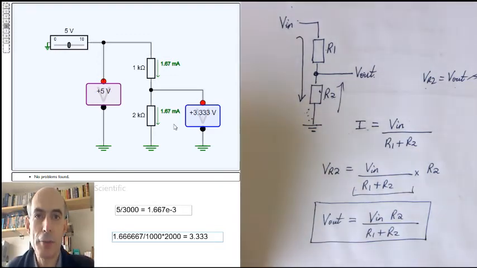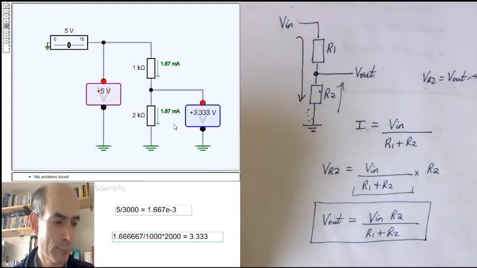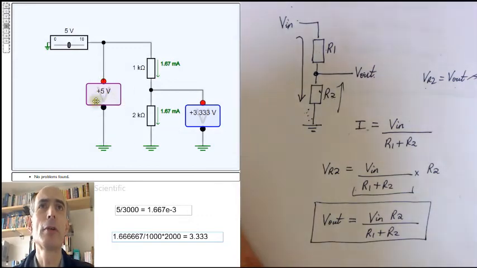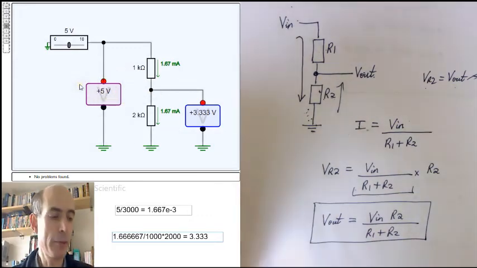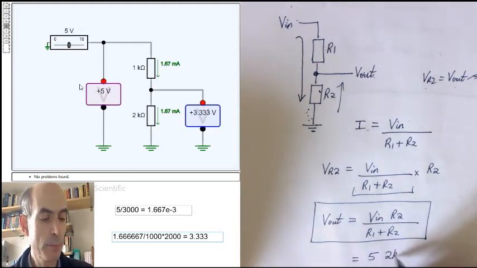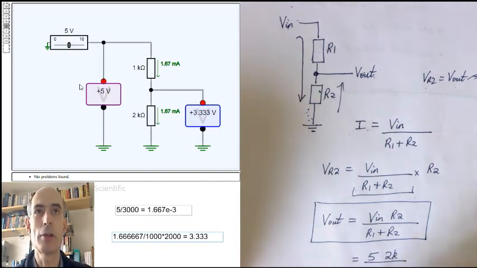And that is it. The potential divider equation. Worth learning. We can check that it works by substituting in the values for this potential divider that we've got up here.